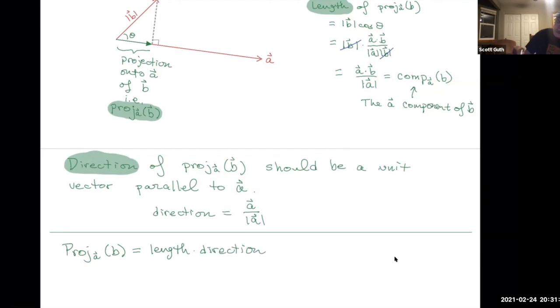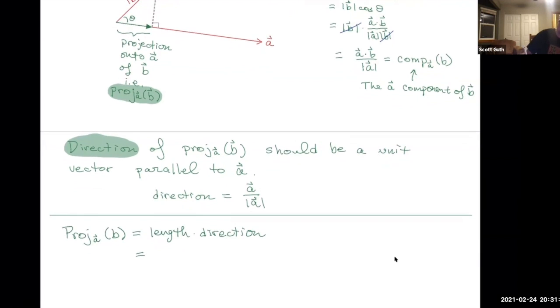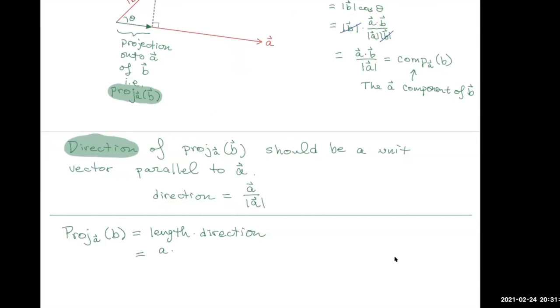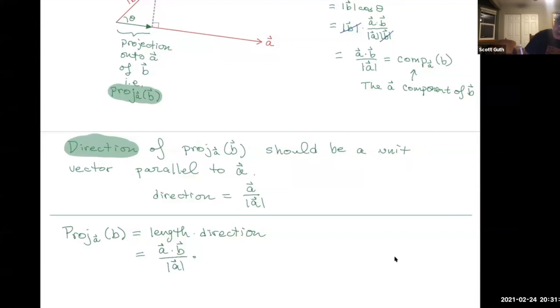Okay, so the length was A dot B over the magnitude of A. And then times the direction, which is A over the magnitude of A.